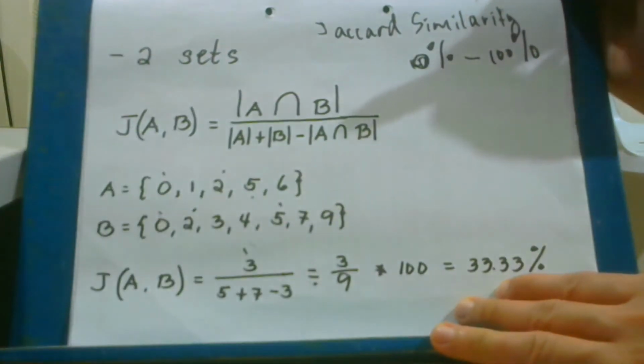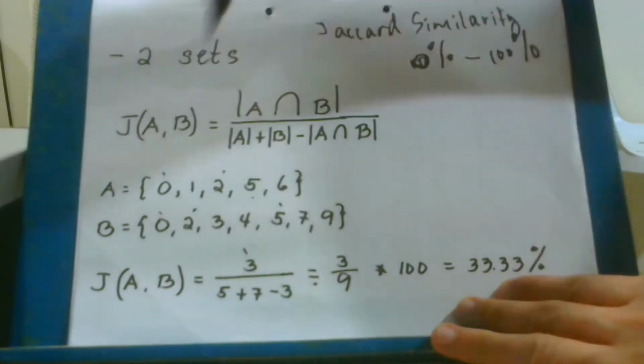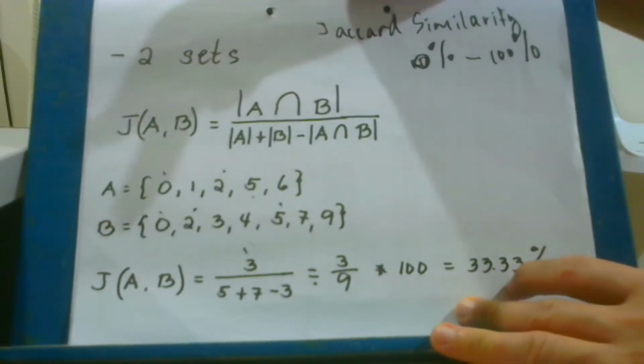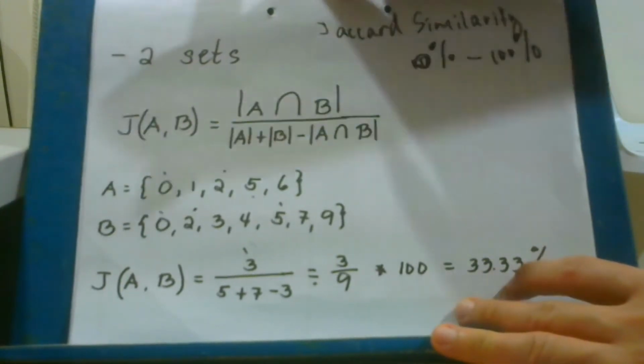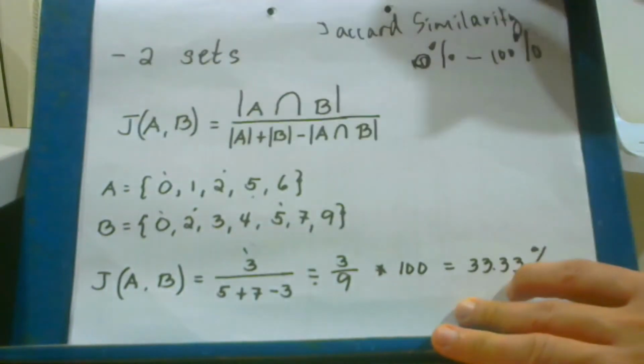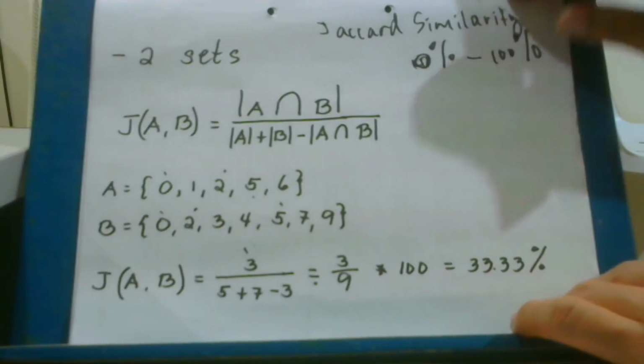That means the similarity between set A and set B is 33.33%. Is that high? Not really, but it's a good way of telling that there is somewhat of a similarity between set A and set B.